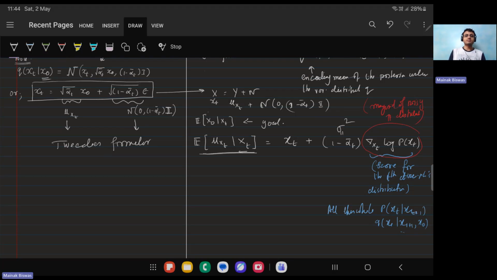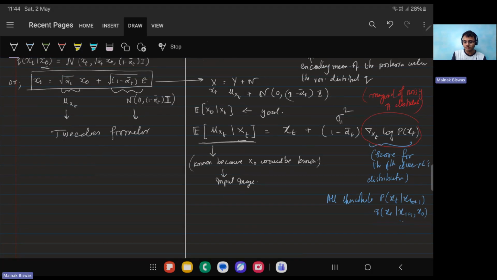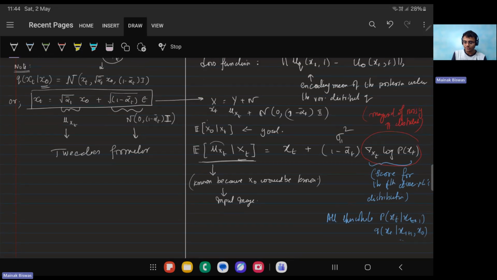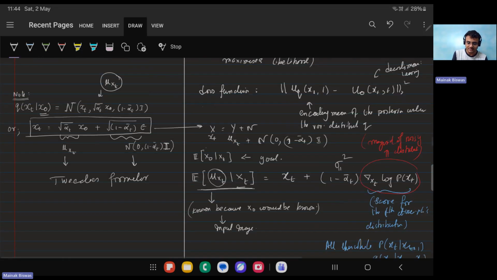This you can clearly tell me, you know this value, right? This value, mu of xt given xt, is already known to us because the image is known to us, because x0 would be known, which is the input image. If I know that, I can just put this mu of xt, which is exactly this value.